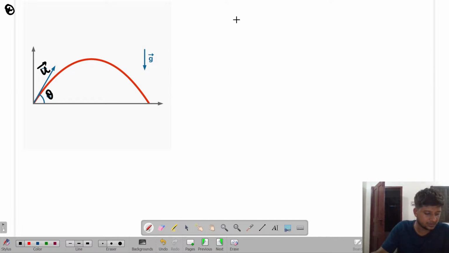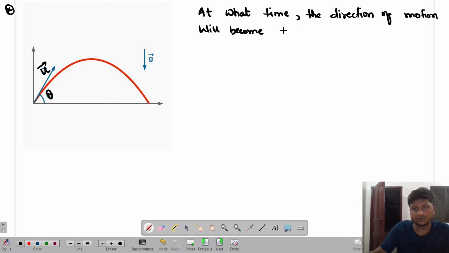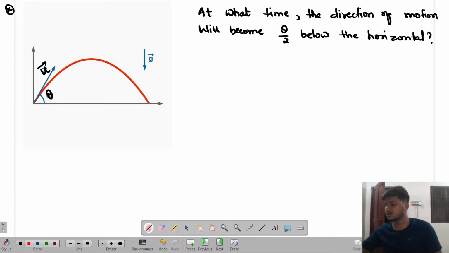Then find, at what time the direction of motion will become theta by 2 below the horizontal.